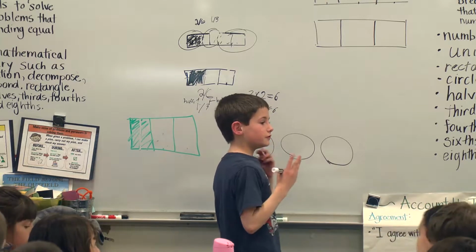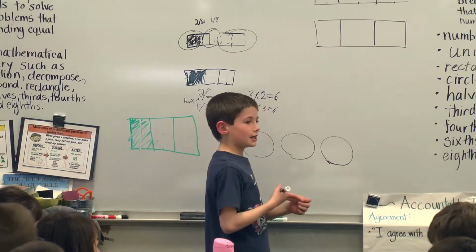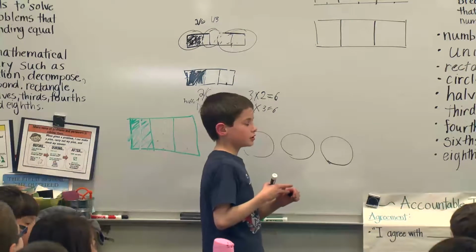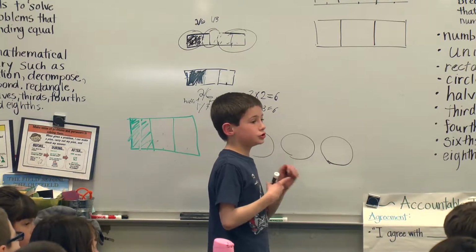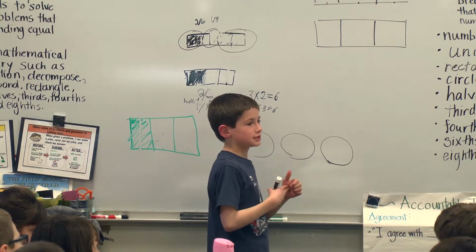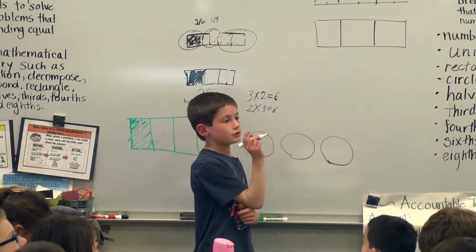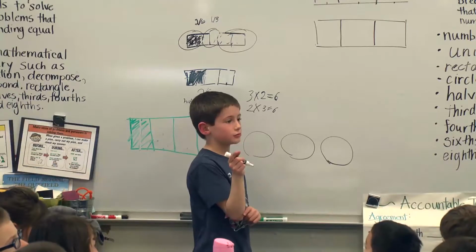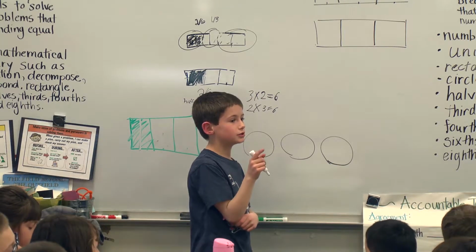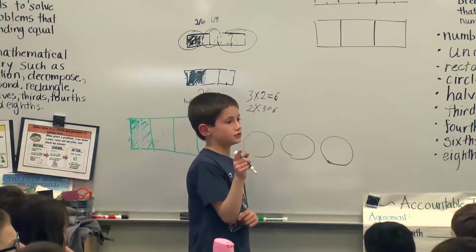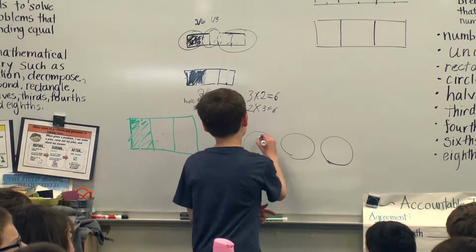If you add 1 three times, you would get 3, and if you add 2 three times, you would get 6. Wait, say that again? If you add 1 together 3 times, it'd be 3, and if you add 2 together 3 times, it'd be 6. Okay. So this is what.